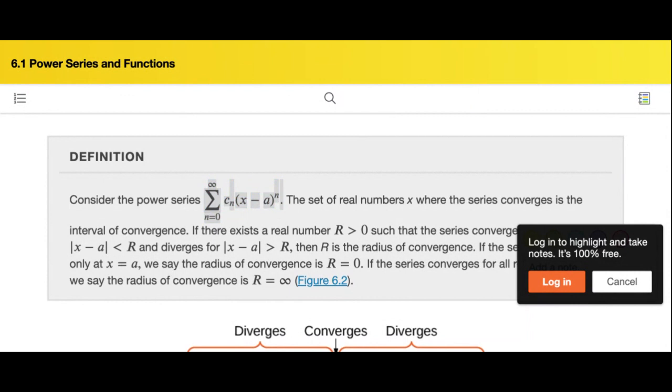So this series, we would have C naught plus C1 times x minus a plus C2 times x minus a squared plus C3 times x minus a cubed plus so on and so forth.